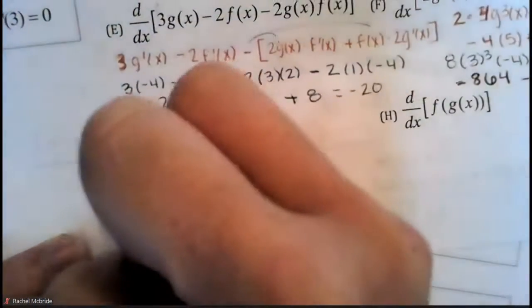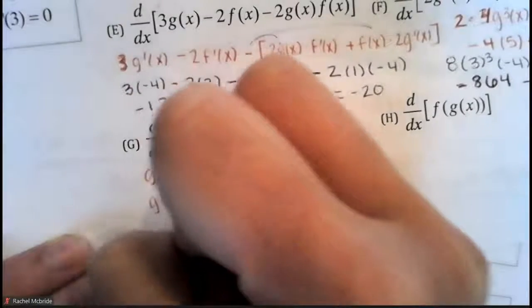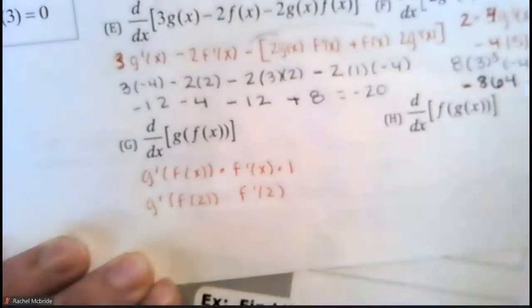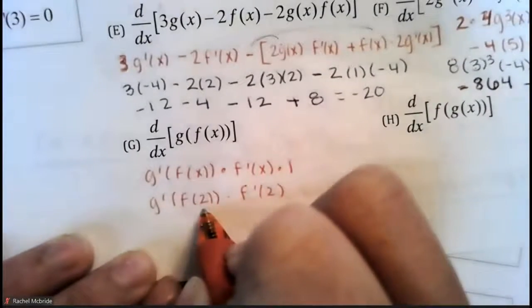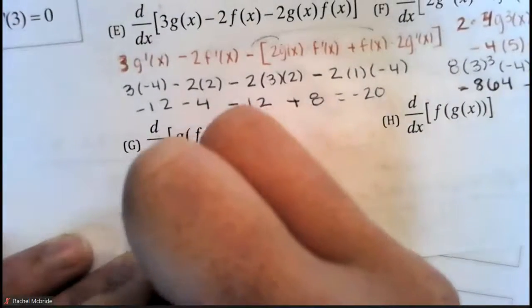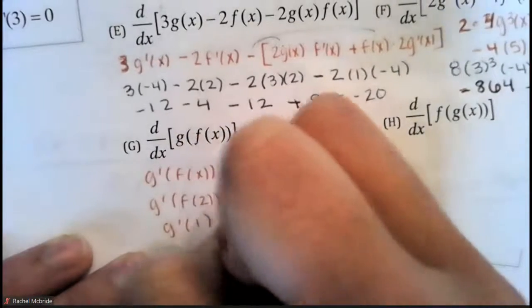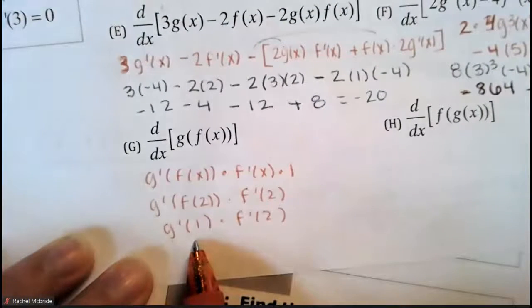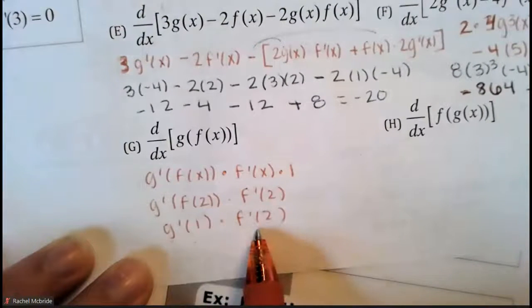So again, looking at these at 2, that's like saying g prime of f of 2 times f prime of 2. So f of 2 is 1. So this is why the table expands, because now we're looking at g prime of 1 times f prime of 2.